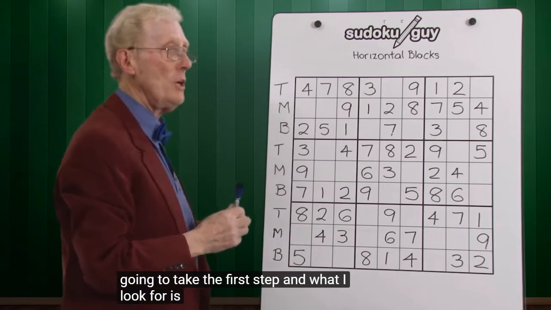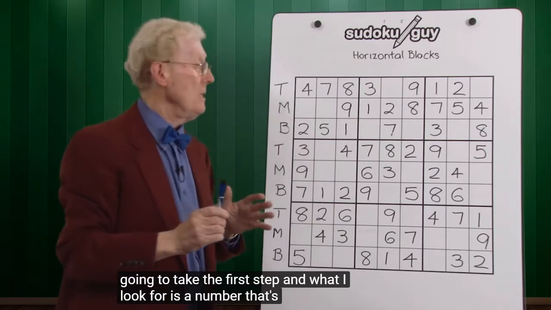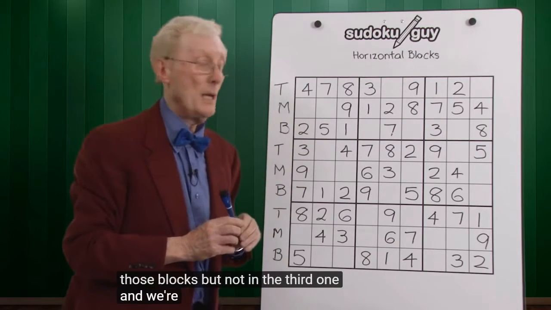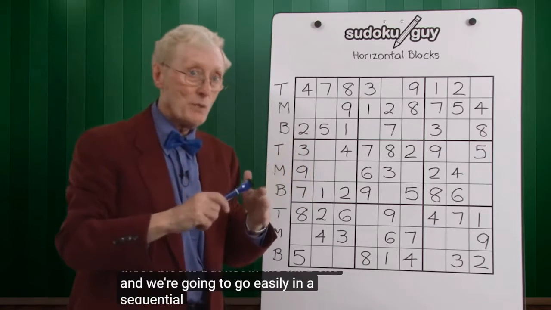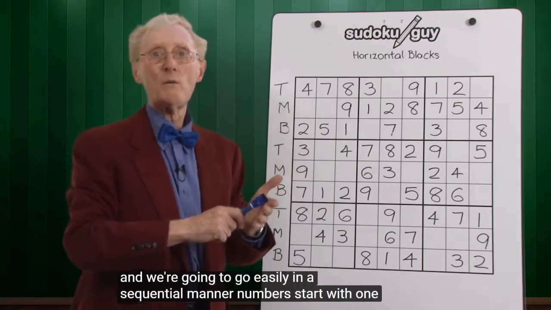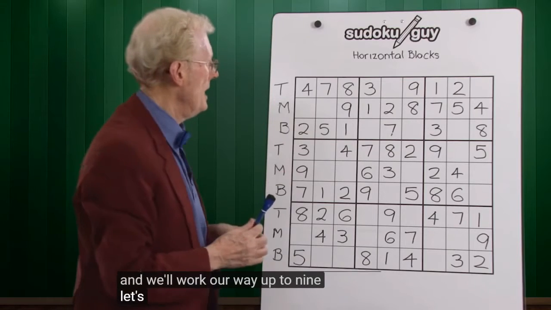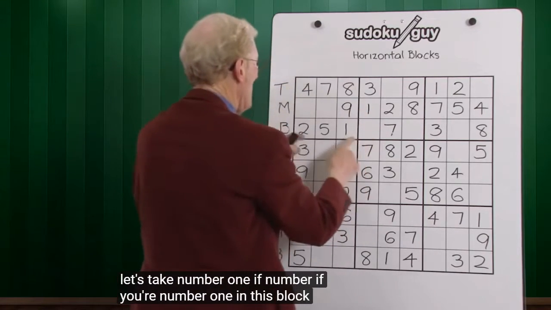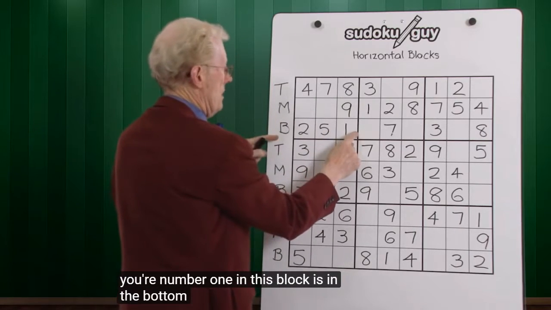What I look for is a number that's in 2 of those blocks, but not in the 3rd one. And we're going to go easily in a sequential manner. Numbers start with 1 and we'll work our way up to 9. Let's take number 1. Number 1 in this block is in the bottom row.